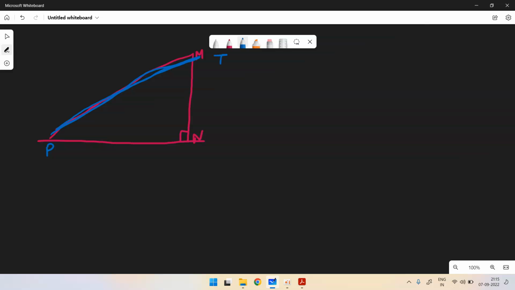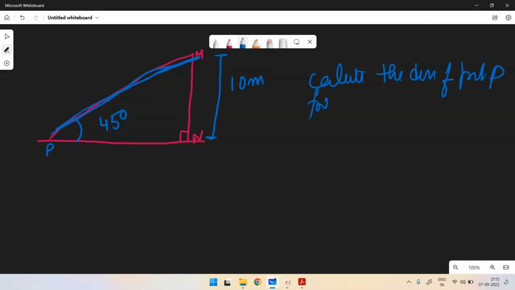Now the height of my pole is given to be 10 meters and the angle is, not 30 degrees, now I am taking 45 degrees. So the question is to calculate the distance of point P from the pole. This is my first. Second, the length of thread required.